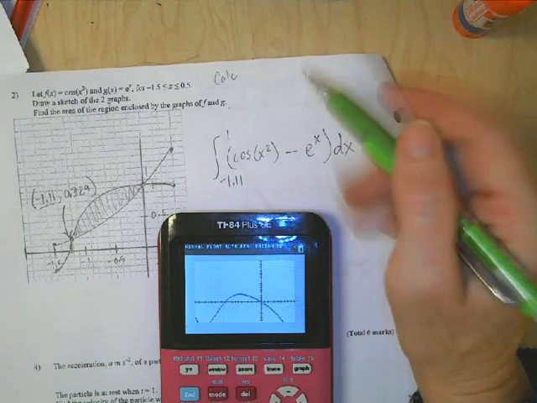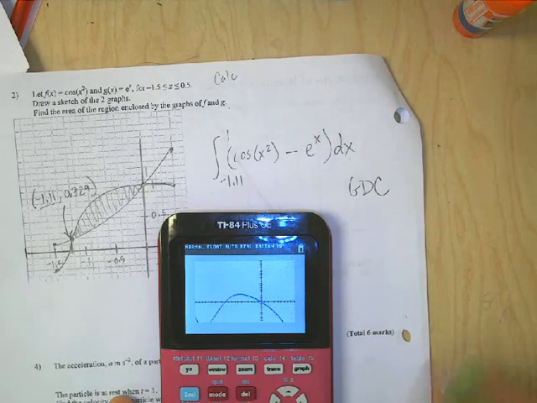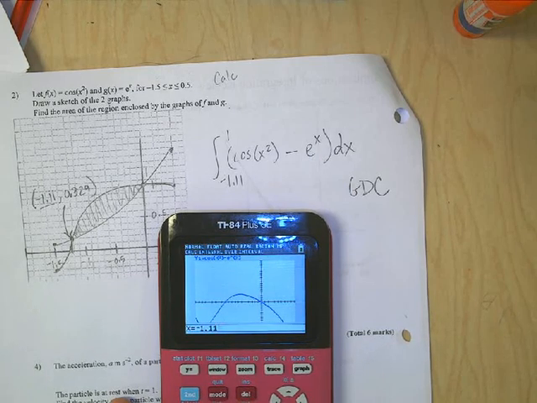So now I'm going to use my graphing display calculator to do the rest of the work. So second, calculate 7, and I'm going from negative 1.11 up to 0.329.